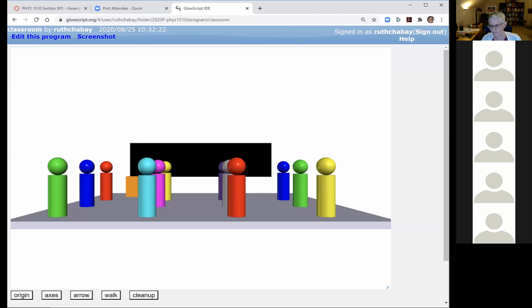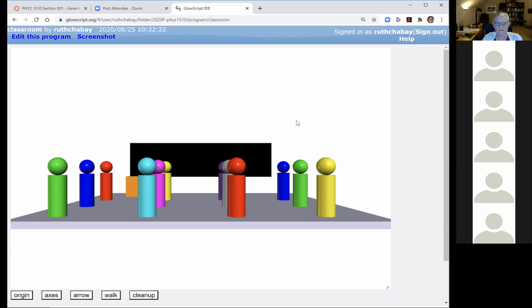Seth's question: when making something such as a box and giving it a vector location, does the vector enter the centermost point of the box? For many objects, it does. So a sphere, the position is going to be at the center. The box, the position's at the center. For something like a cylinder or an arrow, and we'll see some arrows here, the position is actually going to be at the tail, because that's where it made the most sense.